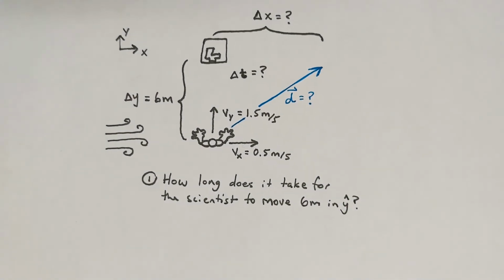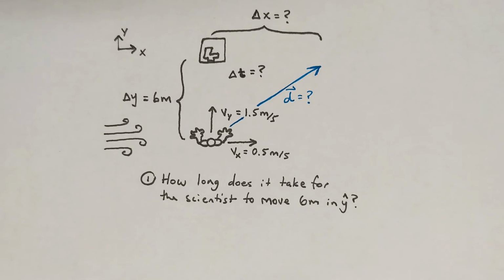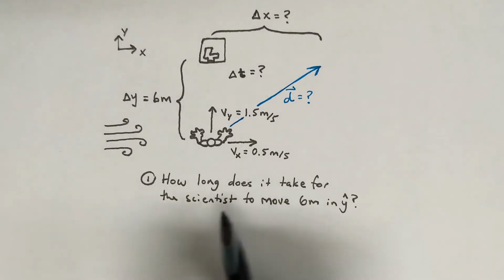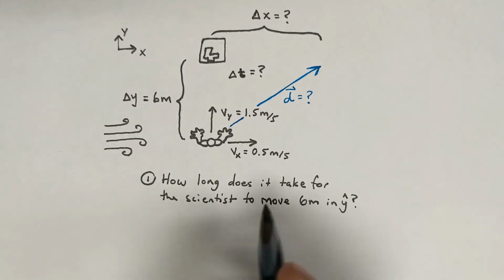This is going to be the first question that I'm going to have to answer in order to answer the overall problem. So how long does it take for the scientist to move 6 meters in the y direction?